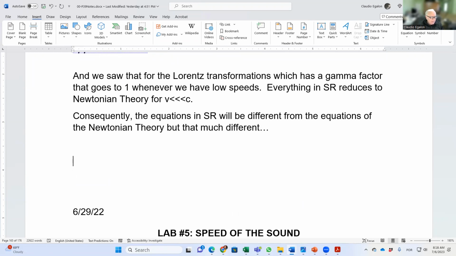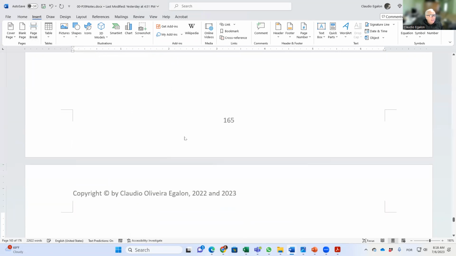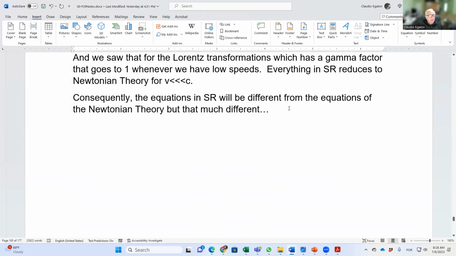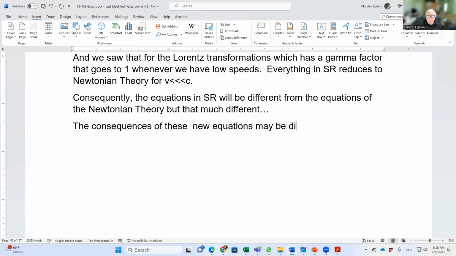The consequences of these new equations may be different, but the equations will somewhat resemble those in Newtonian theory.